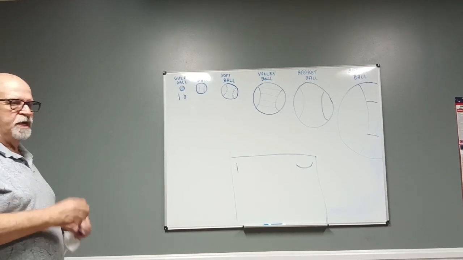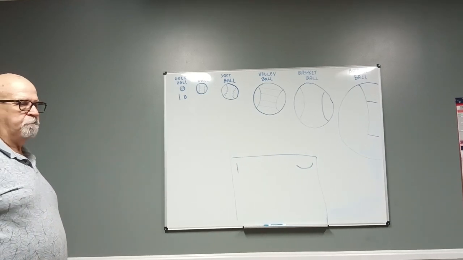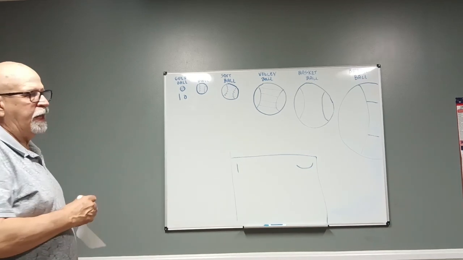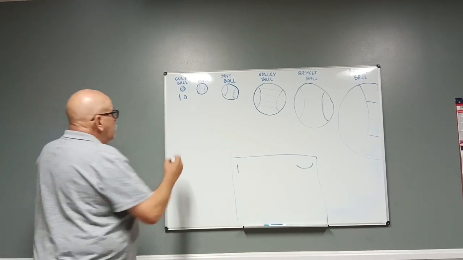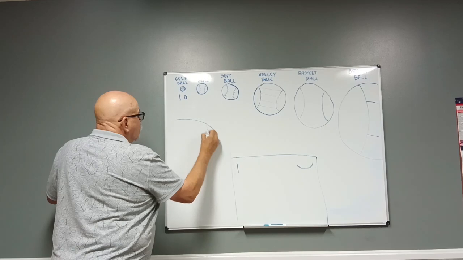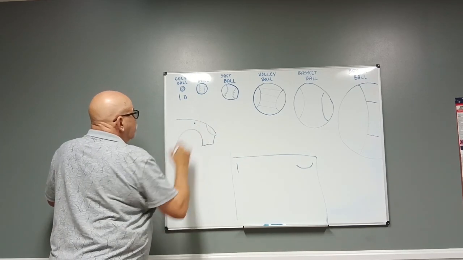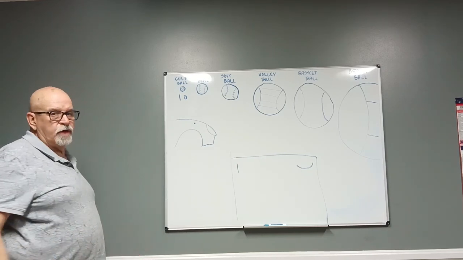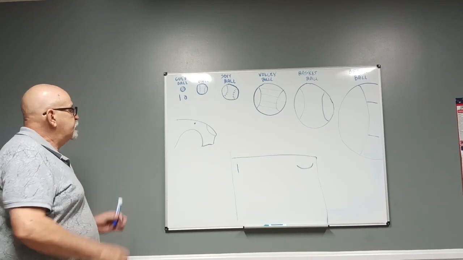If it's a dent that size on a plain piece of metal, like a nice smooth fender with the little dent right there, well, an hour is okay for that.